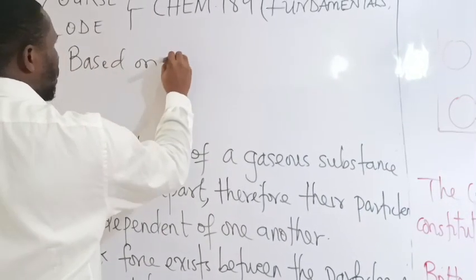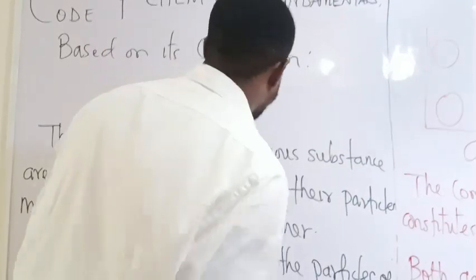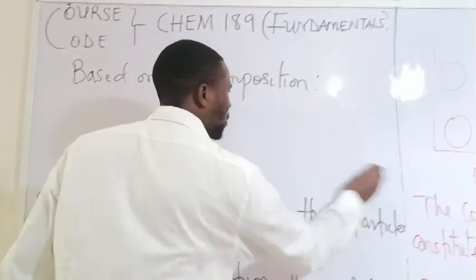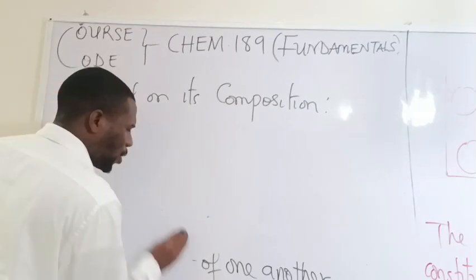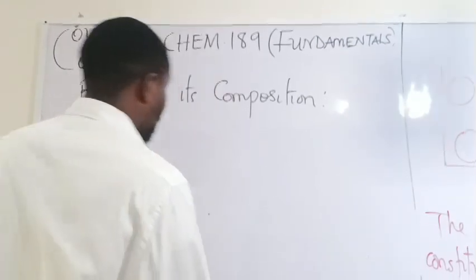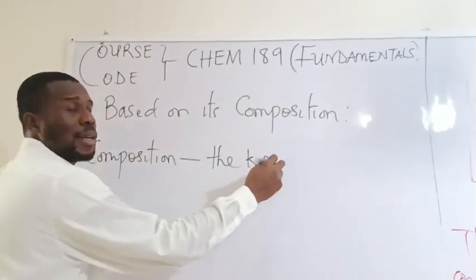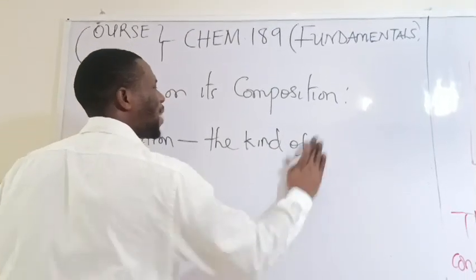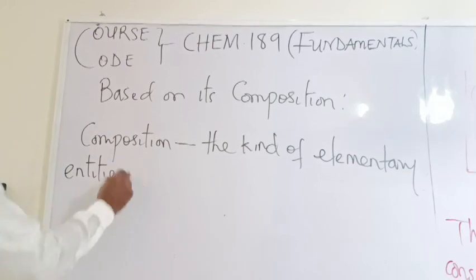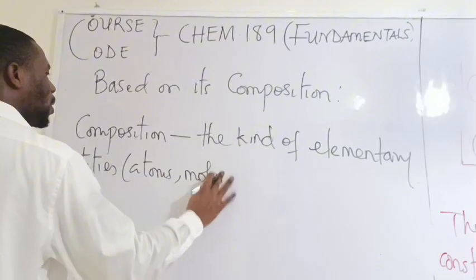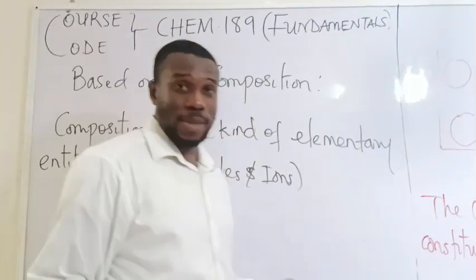The composition here implies the kinds of atoms, the kind of particles that make up matter. Composition is the kind of elementary particles, the kind of elementary entities, which could be atoms, molecules, and ions.